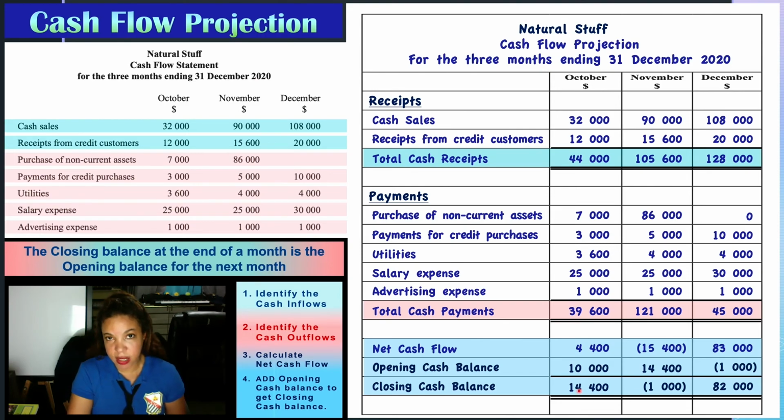Find your closing balance, and your closing balance becomes your opening for the next month. So you add your net cash flow with your opening, get closing, and then closing goes forward into the other month as the opening cash balance. And then you add it up again and you have your final closing cash balance.